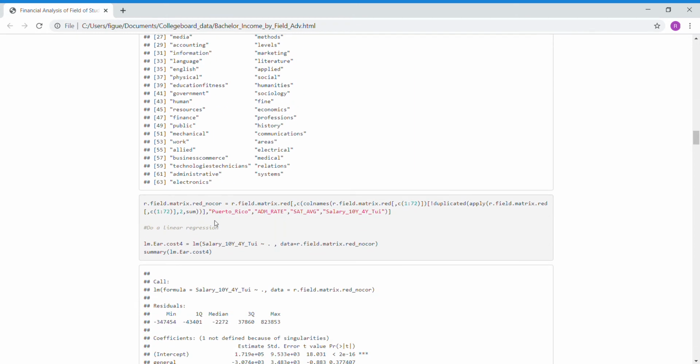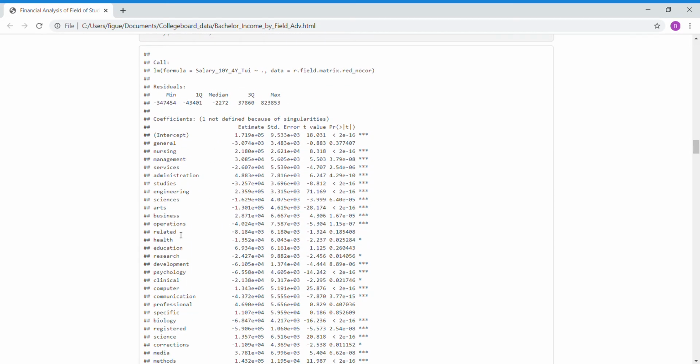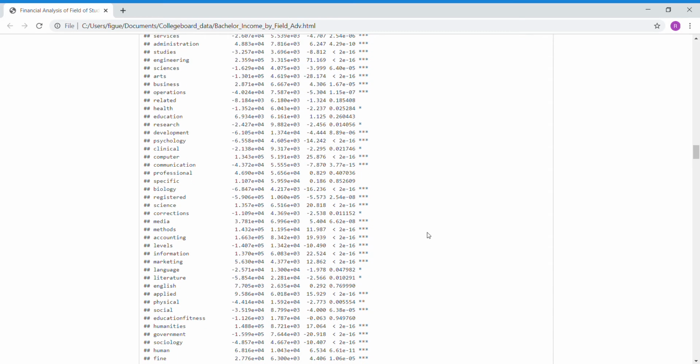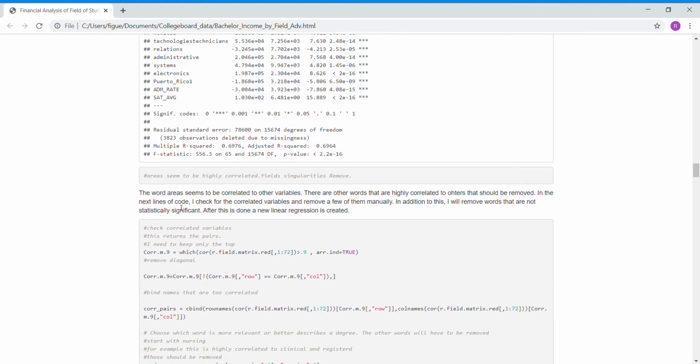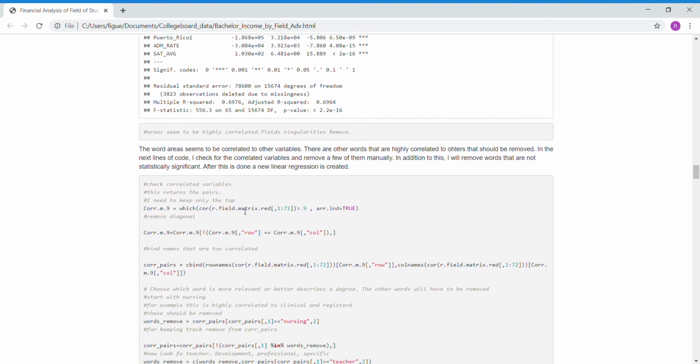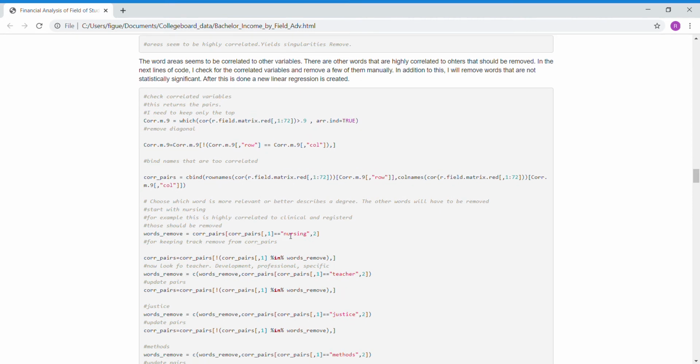But even after that is done, there are still going to be some words that either are statistically not significant, or they are correlated or very much correlated to some other words. And this is what I took care of down here. I decided to keep by hand all of the words that are important and remove anything that was highly correlated to them.